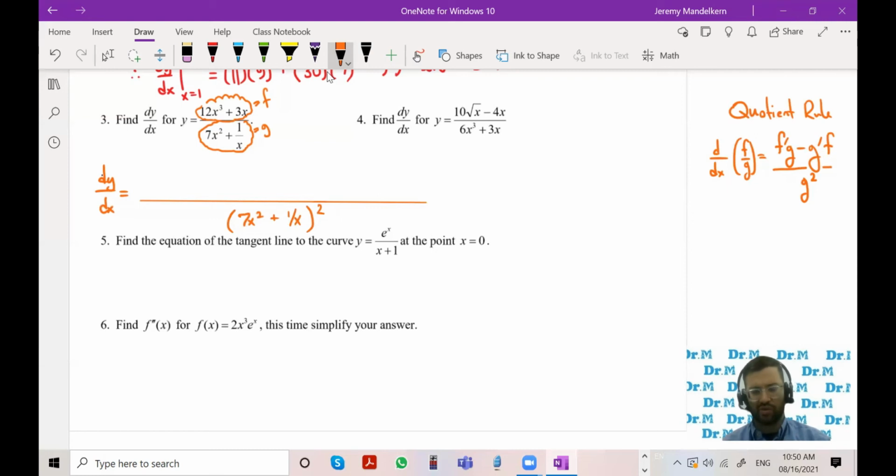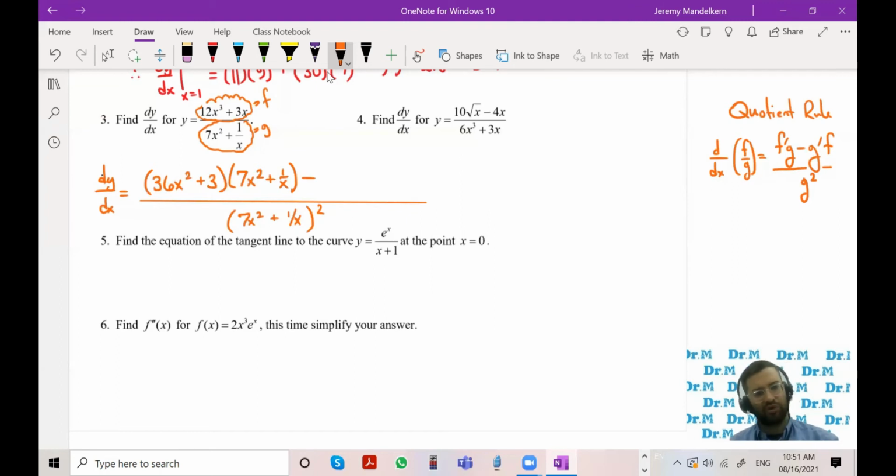In the numerator, we do this funky version of the product rule, but with the plus symbol replaced by the minus symbol. So f prime is going to be 12 times 3, which is 36x squared, plus the derivative of 3x, times the g function, which is, as it is, 7x squared plus 1 over x. So that's the f prime g.